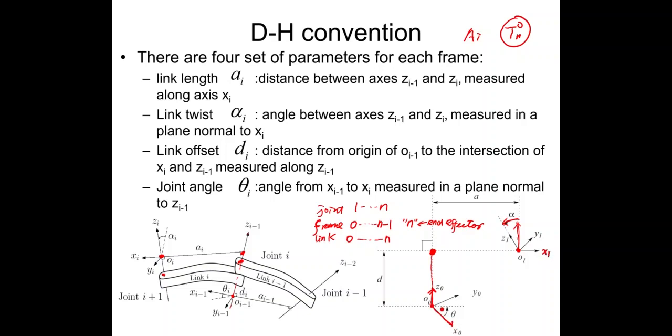And where is my x1? If it is pointing in this direction, and we just consider this plane, this is going to be my theta i, okay? So in the robotic arm, again, that means from xi minus 1 to xi, which is here, it is this angle.